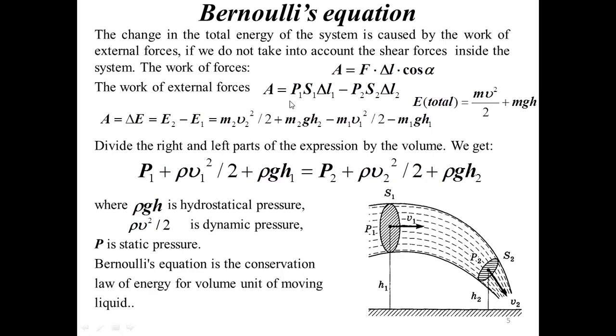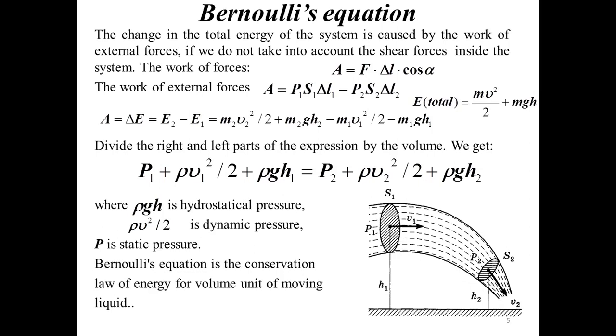the work represents such a difference, where the products P1S1 and P2S2 represent the force acting in this part and in this part of the vessel. Total energy we consider as usual as the sum of kinetic and potential energy.